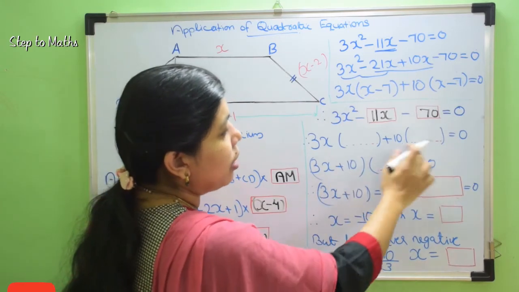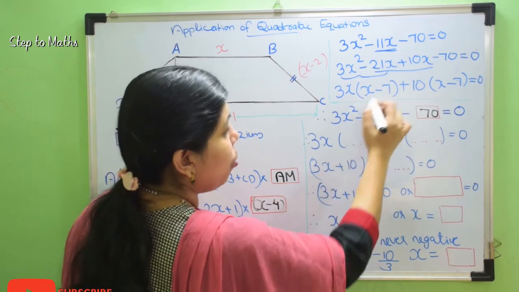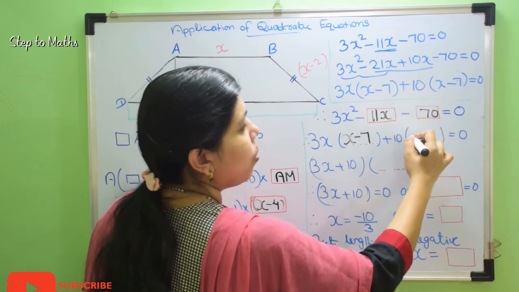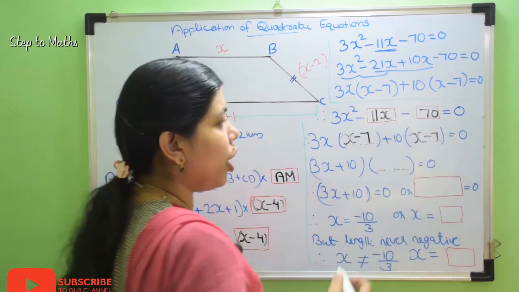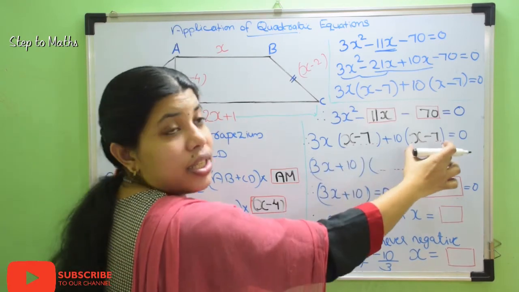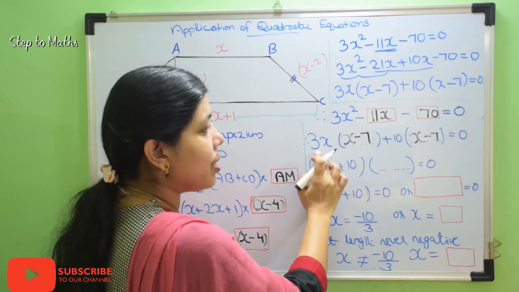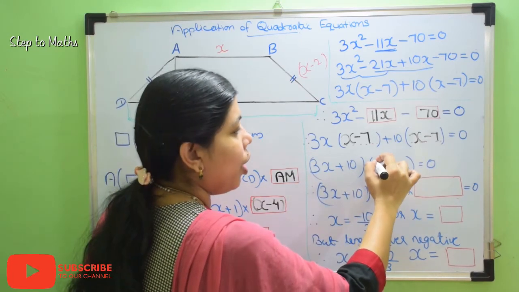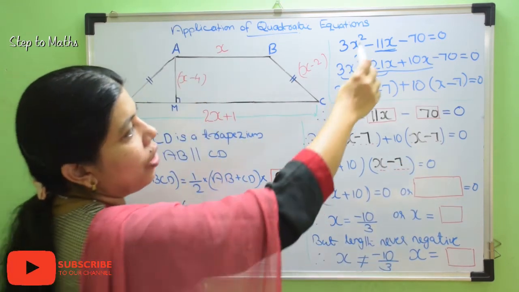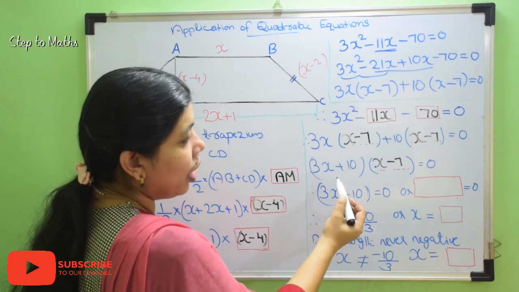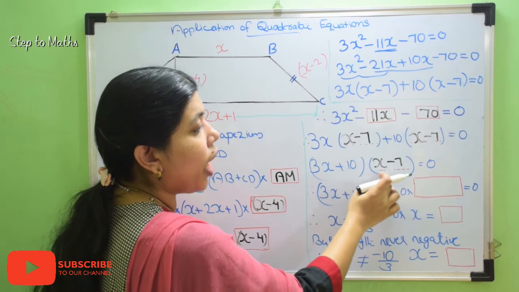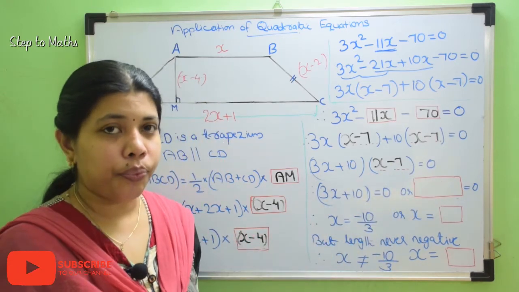So, how can we fill these empty places? 3x into x minus 7 plus 10 into x minus 7 equal to 0. What is the next step? x minus 7 is common. So the remaining part is 3x plus 10 into x minus 7. The given quadratic equation is written in terms of product of two terms. 3x plus 10 into x minus 7 is equal to 0.